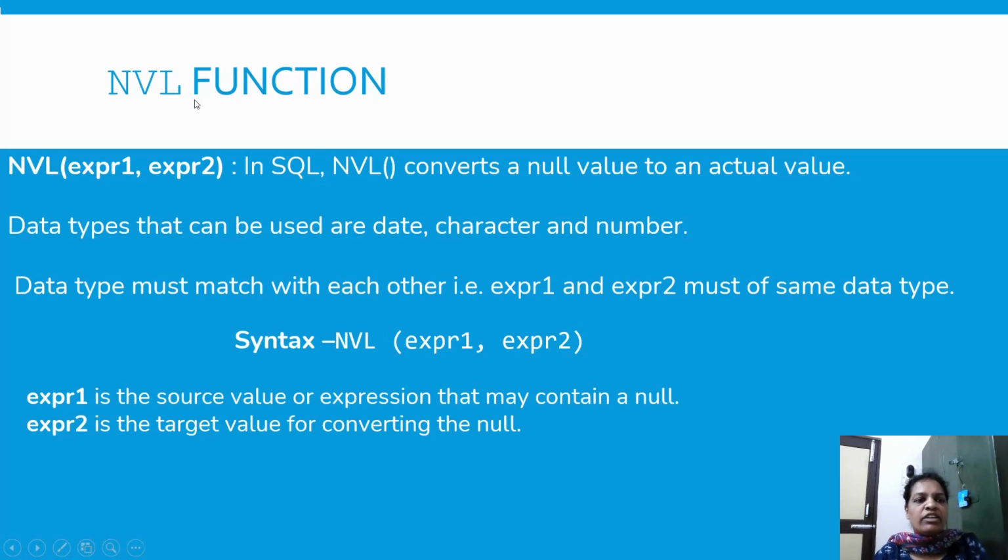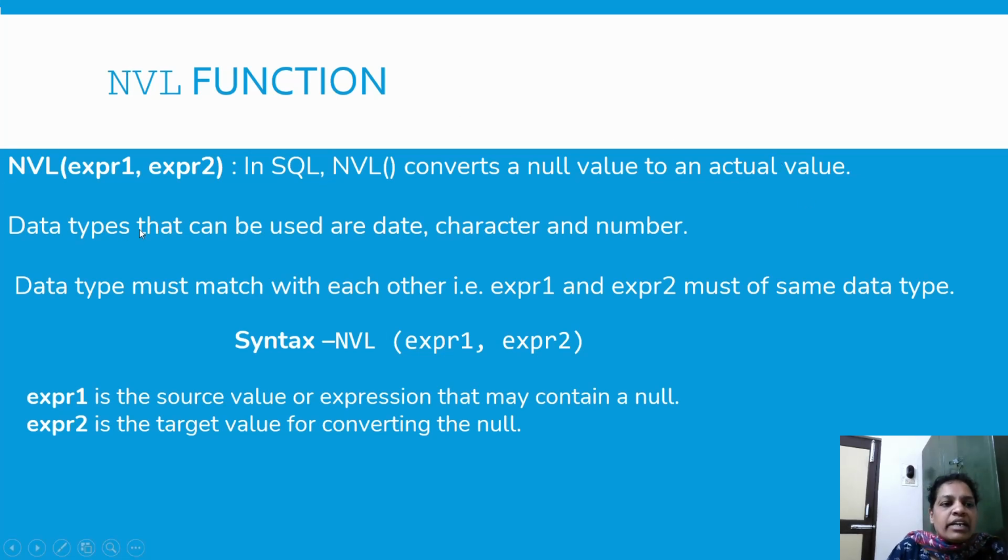First is the null value function, NVL. The syntax is NVL(expression 1, expression 2). What it will do is convert null values to an actual value. If a column has a null value, it will change to an actual value.